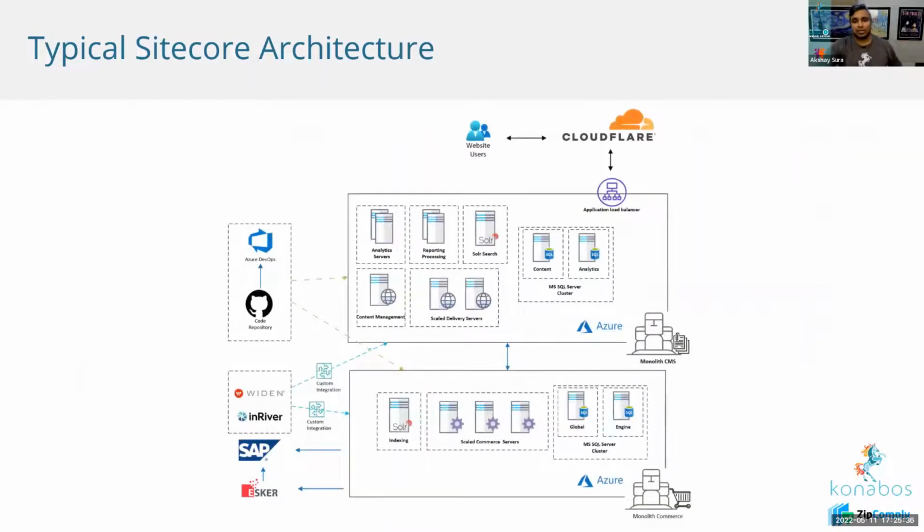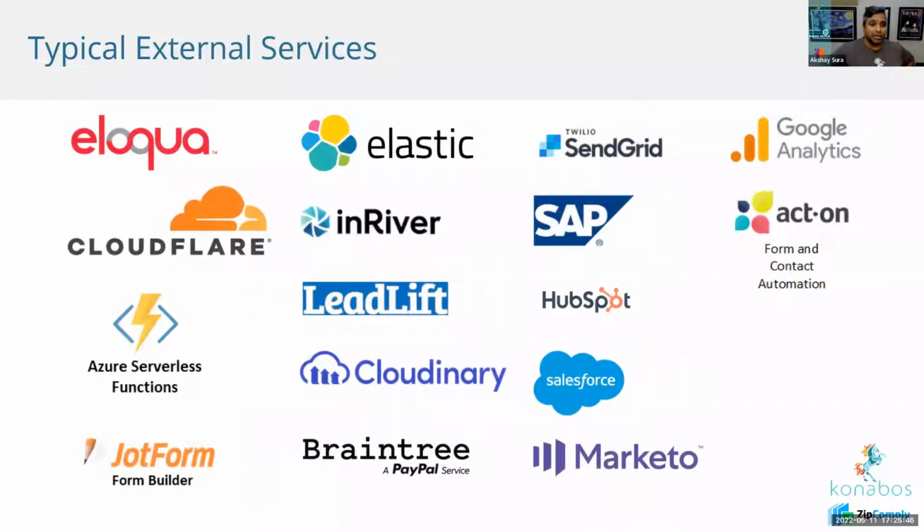So these are typical Sitecore diagrams, but what I found interesting when I was looking through it for this presentation and our road mapping sessions is we typically deal with these external services and more. I don't think I even captured half of what all of us have done, but we always have Sitecore projects with a bunch of other external tools and external vendors we deal with in order to do the integration.